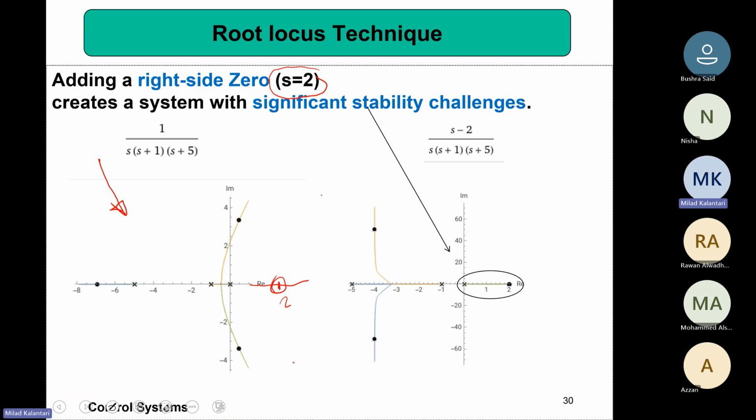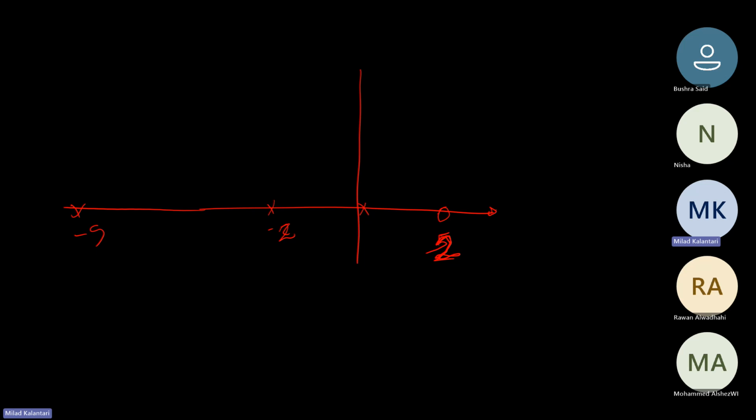But before that, what is the problem on the real part? So 0, -2, -5, and let's say one zero at 2. Where is the root locus on the real part? Can you tell me? This is 2. Yeah, -2 to -5.